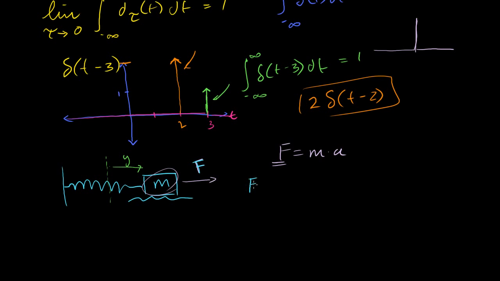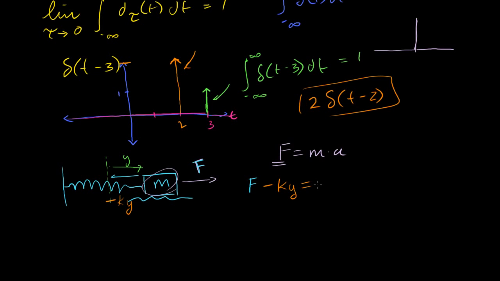But then you have a minus force from the spring, right? The force from the spring is Hooke's law. It's proportional to how far it's been stretched from its natural point. So its force in that direction is going to be ky, or you could call it minus ky, because it's going in the opposite direction of what we've said is the positive direction. So the net force on this is F minus ky.